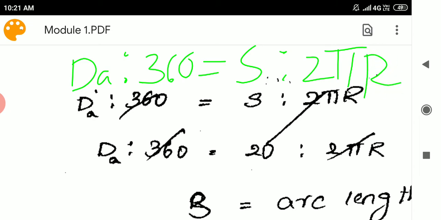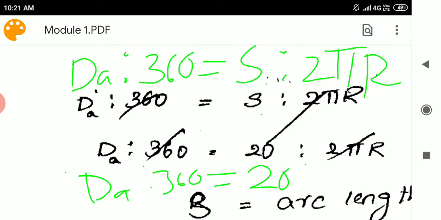This is one relation, or one formula. dA we don't know, and 360 is the degree. S we have to assume, 30 or 20. Let me take 20 meter is to 2 pi r.